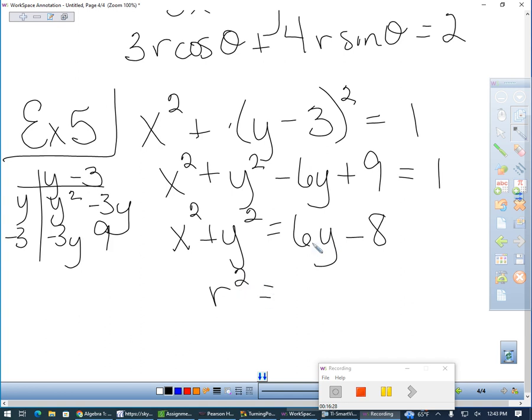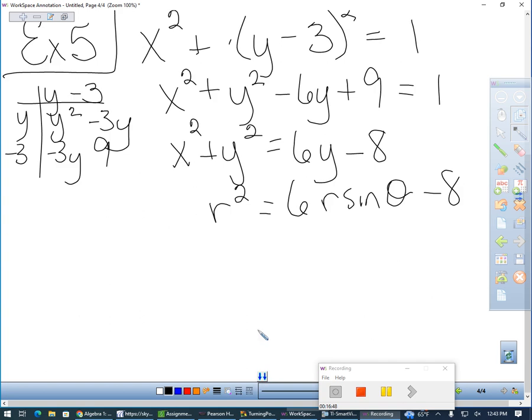What is this one? Good. So I have 6 r sine theta and then minus 8. If I subtract 9 to the other side, yep. Okay. So again, if you get to this point, there are no x's and y's left, I'm good if you stop.